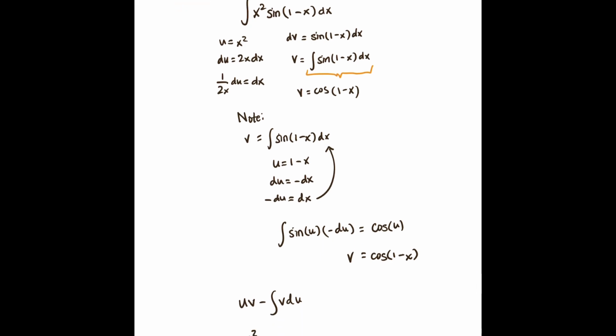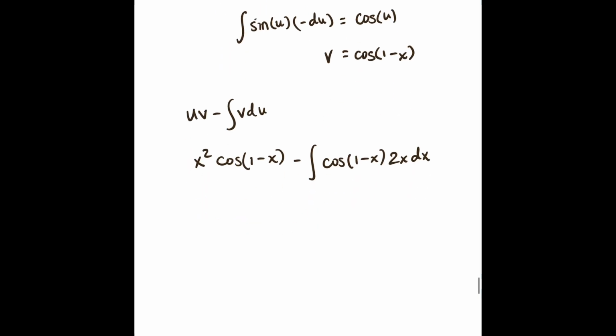Plugging in all of our components, we have x squared, v is cosine of 1 minus x, minus the integral of v times du, which is 2x dx.